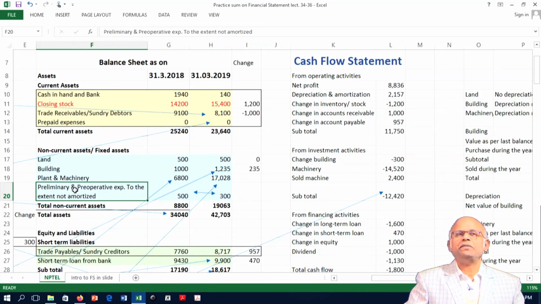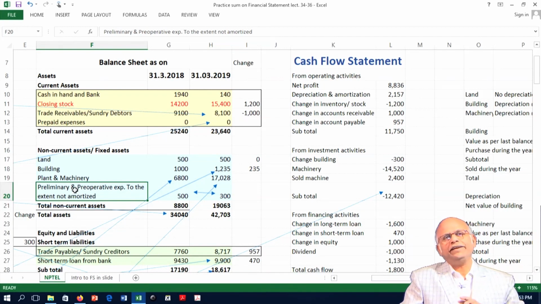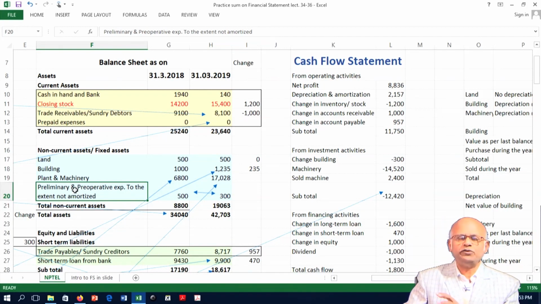You have kept it in the balance sheet to the extent which is yet to be written off. So you have written off only 200 during the year. After writing off 200, whatever remains should remain in the balance sheet. Again in the next year, you will write off another portion, maybe 200 rupees. Whatever remains after this write off will go into the balance sheet of the next year.